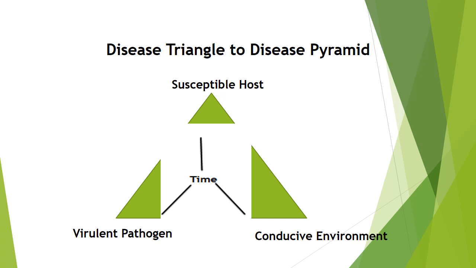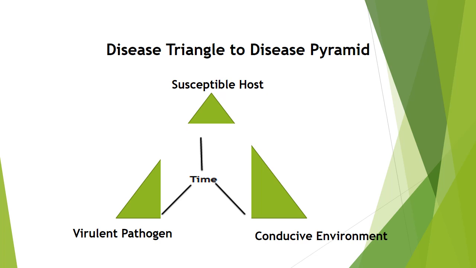For example, there are pathogens which attack plants when the plants are young. If the pathogen reaches the plant at a younger stage, then there is disease. But if the same pathogen reaches the susceptible plant when the plant becomes older, the disease would not take place. The plant is still susceptible, the pathogen is still virulent, and the conditions are still conducive.